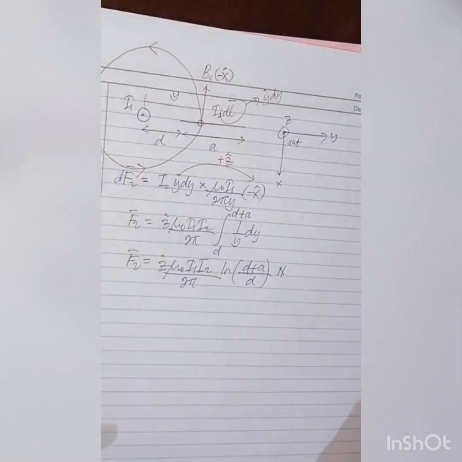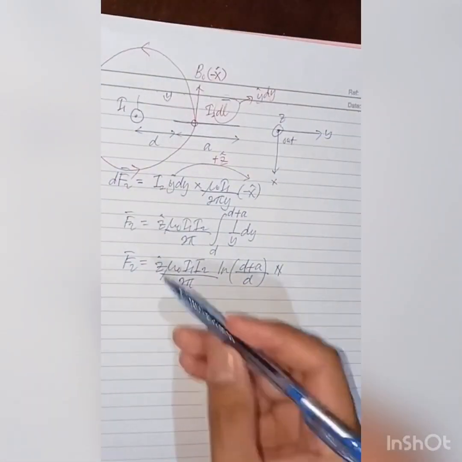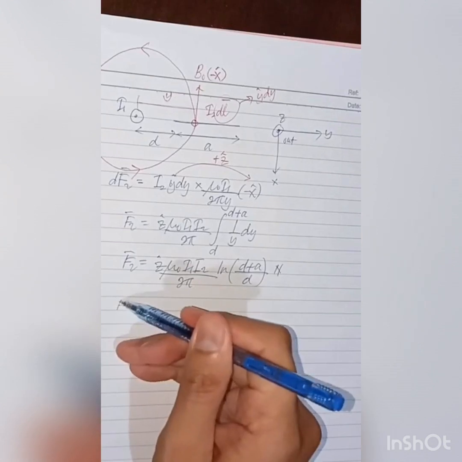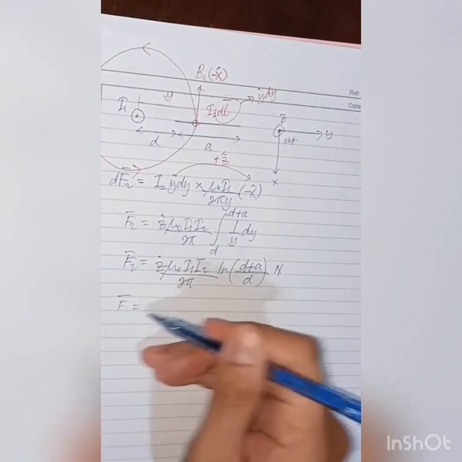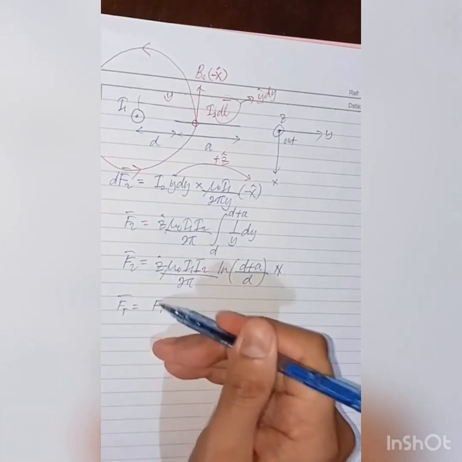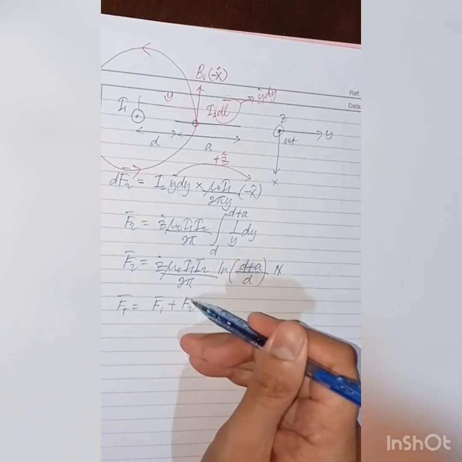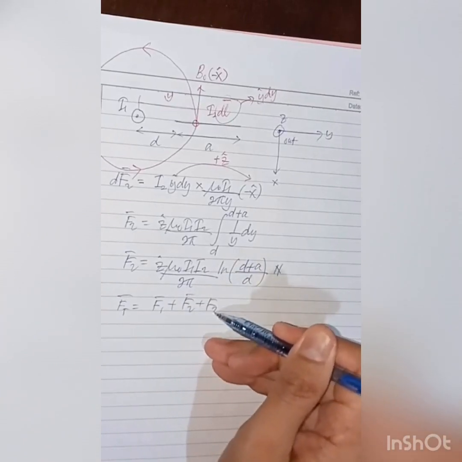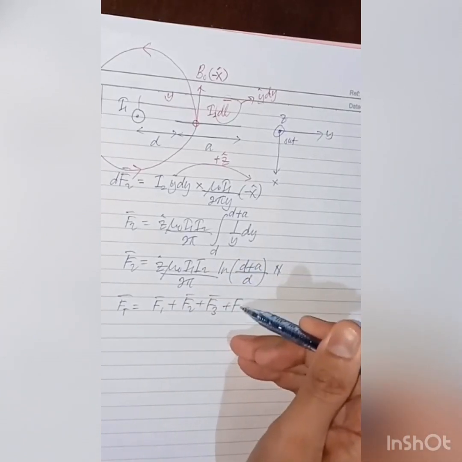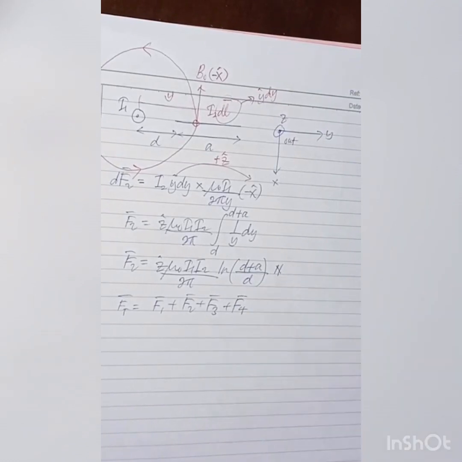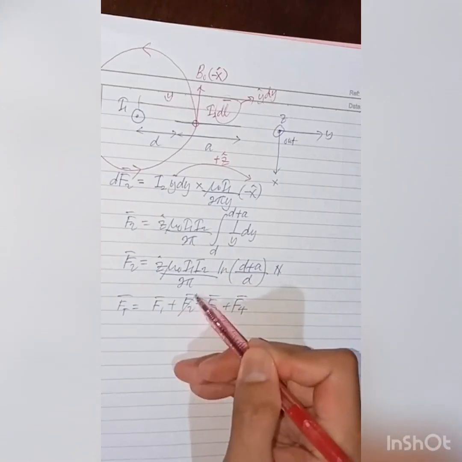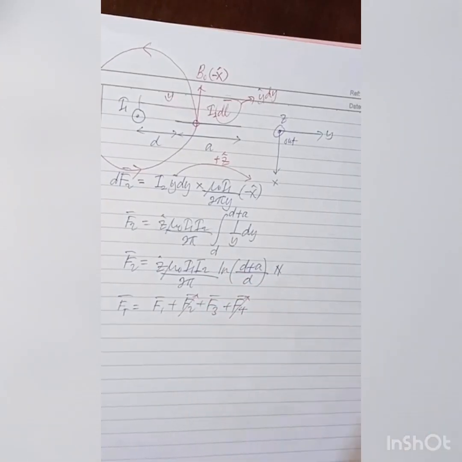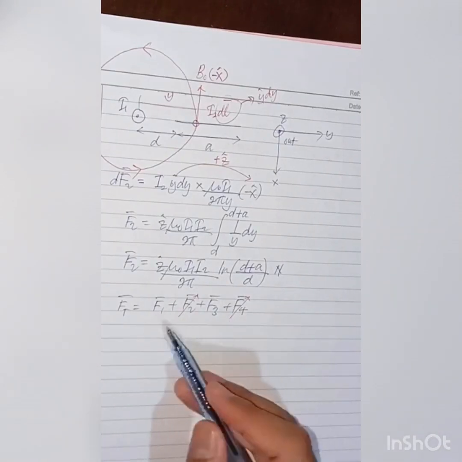So if I want to write again the whole expression, the total force due to force number 1, force number 2, force number 3, and force number 4. We know that force number 2 and 4 will cancel out each other because they have the same magnitude but different directions. So now we only have force 1 and force 3.